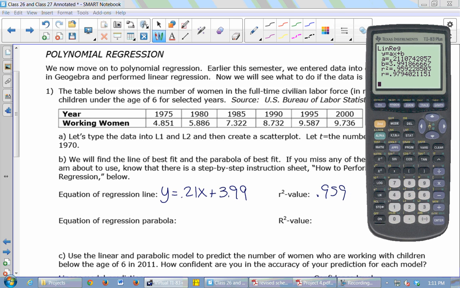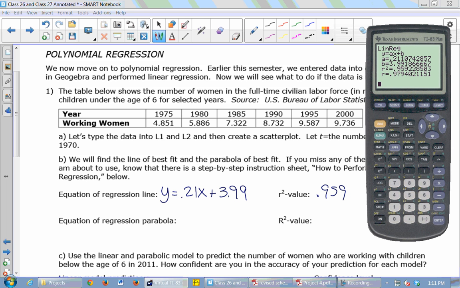And I know that when we previously did regression lines, we looked at r and not r squared. I told you ignore r squared. Now that we're dealing with polynomials, we're going to look at r squared because positive and negative association is only relevant when you're dealing with a line. Okay, so now we're just going to look at r squared because we don't care if it's positive or negative.